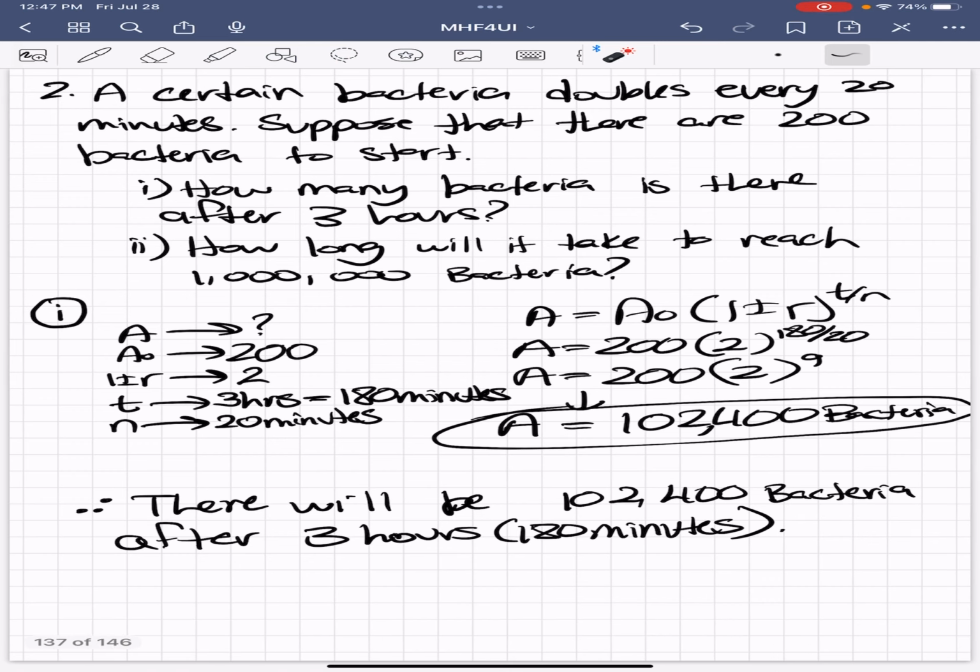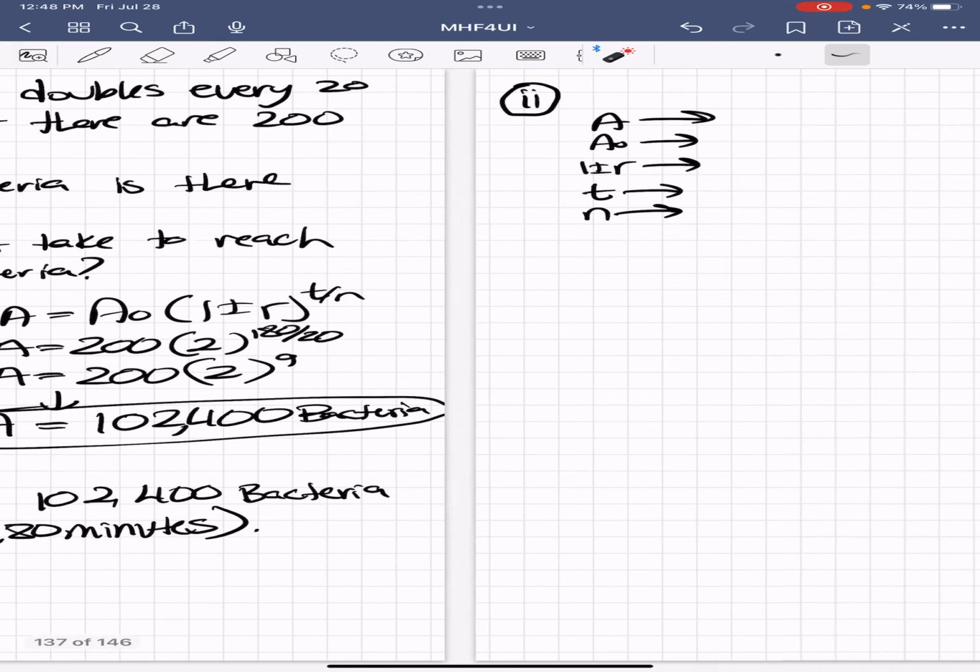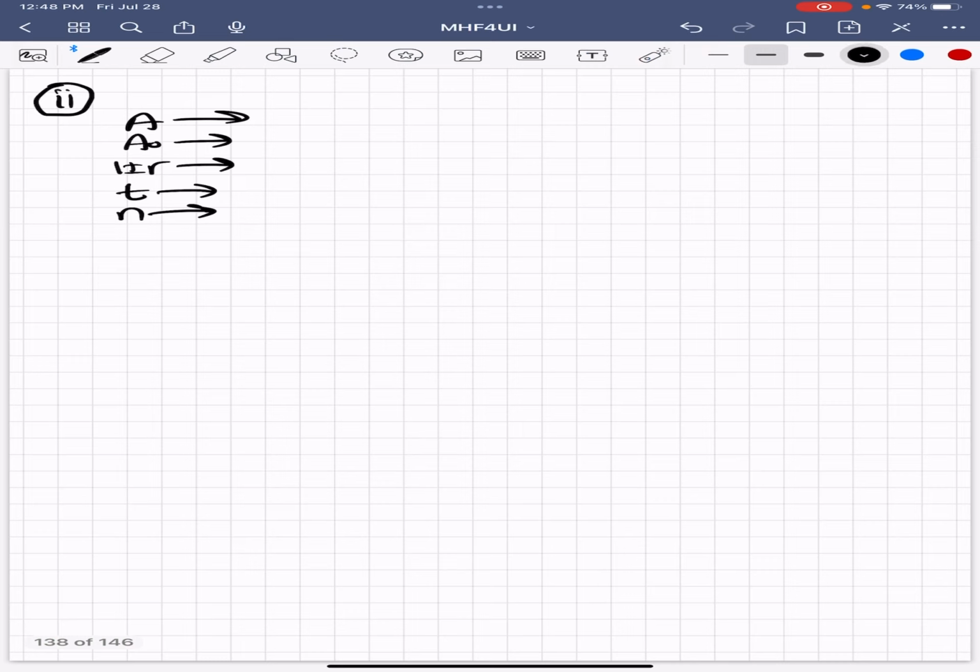So our second question is, how long will it take to reach 1 million bacteria? So we have our final amount, that's 1 million bacteria, and we want to know how long it takes. So we're solving for T, the time elapsed. We're looking for 1 million bacteria. We started with 200 bacteria.